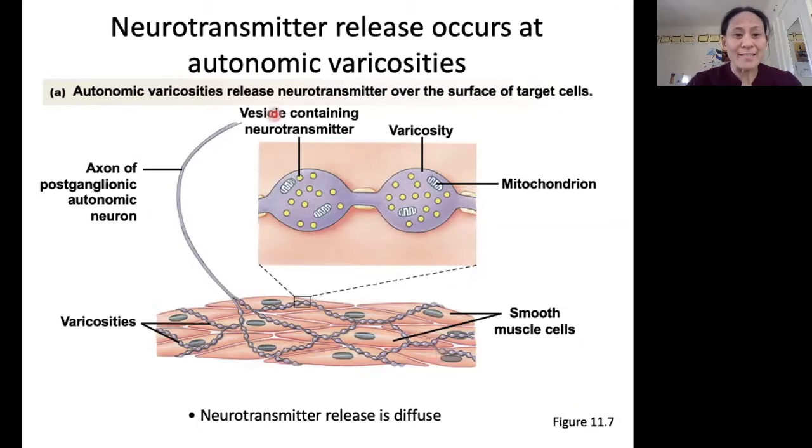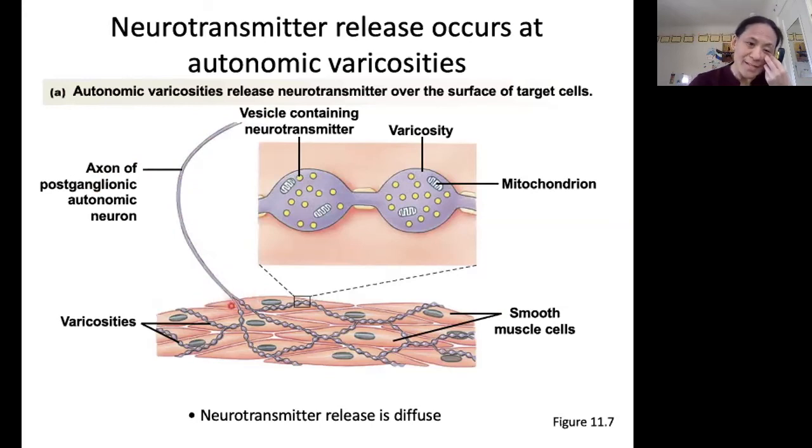Looking at the axon of that postganglionic neuron, the terminal of that postganglionic autonomic neuron doesn't look like what we've seen in other pictures. This is kind of atypical.